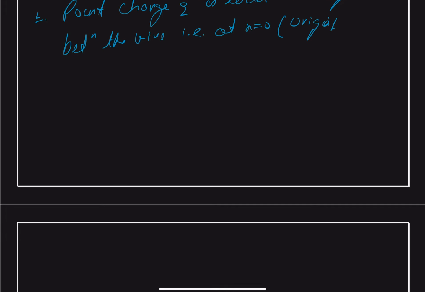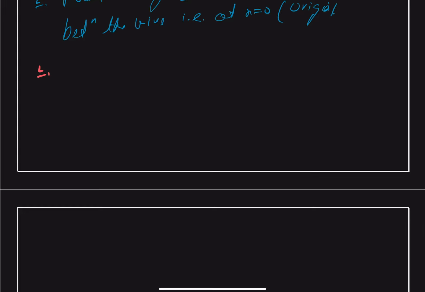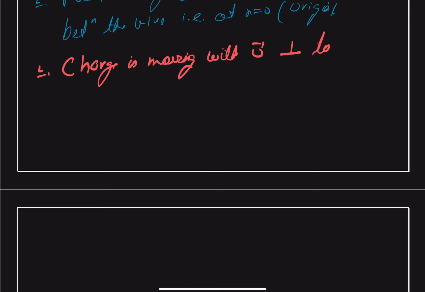Now it is said that the charge is moving with velocity v perpendicular to the plane. So let us say that is along the z-axis.